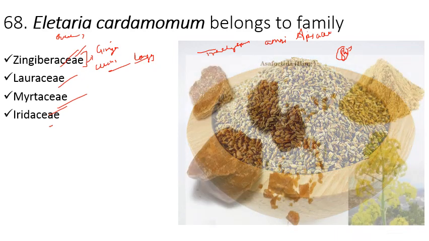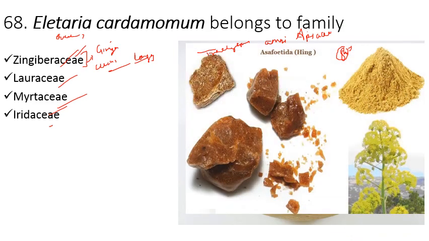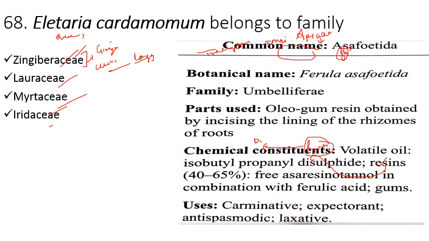Next we have this spice named Asafoetida, commonly known as hing, and this is again a member of family Apiaceae, and this is the photograph of the plant. Its root is used for the production of a resin exudate that forms this spice, which is very pungent. It contains certain sulfur compounds. Its scientific name is Ferula asafoetida.